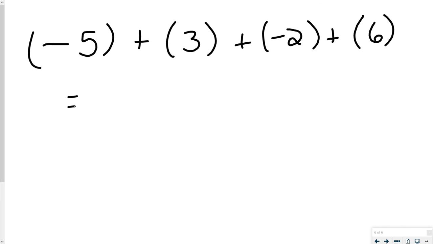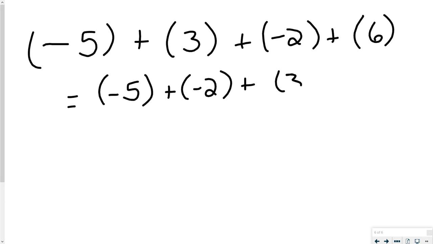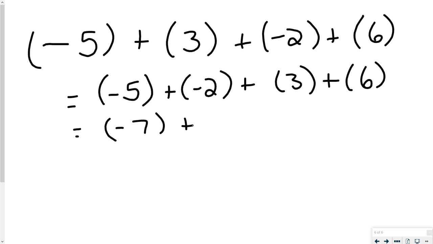So same idea as what we were doing with gains and losses. Group all your negatives together, group all your positives together. So I have -5 plus -2, there are my two negatives together, plus +3 and +6. So if I group all my negatives together, 5 negatives and 2 negatives gives me 7 negatives altogether, plus 3 positives plus 6 positives gives me 9 positives altogether.